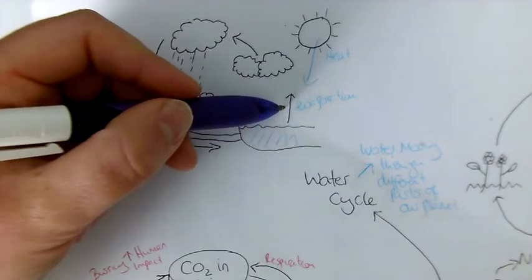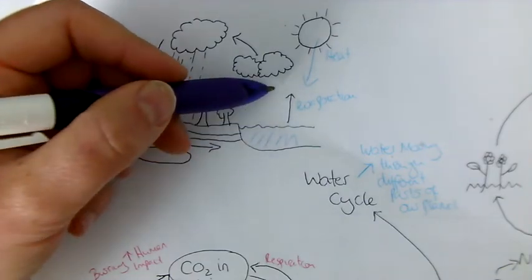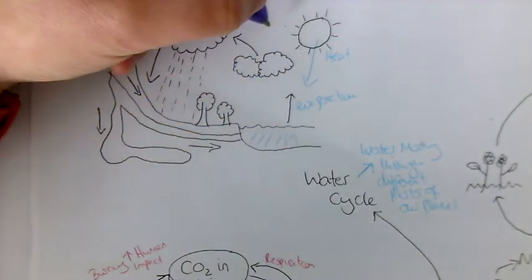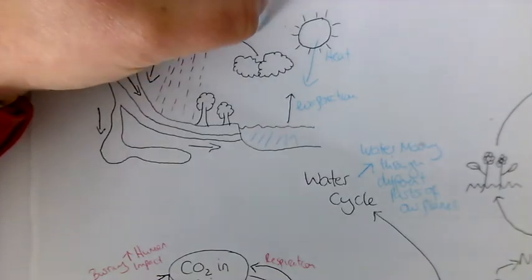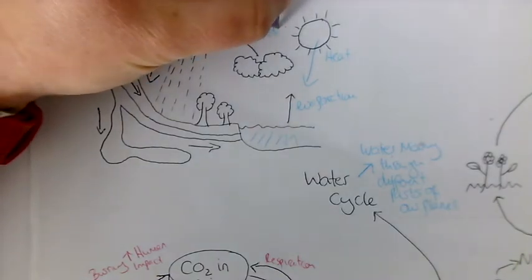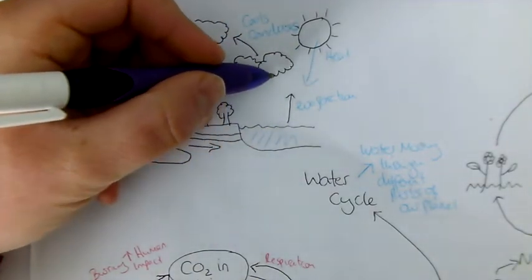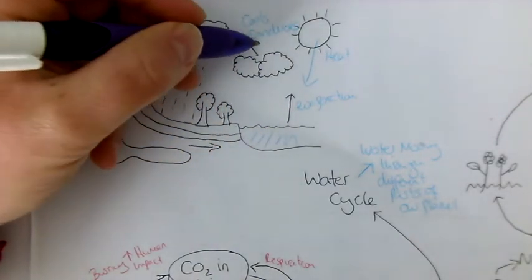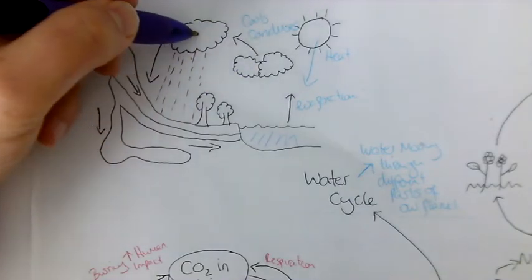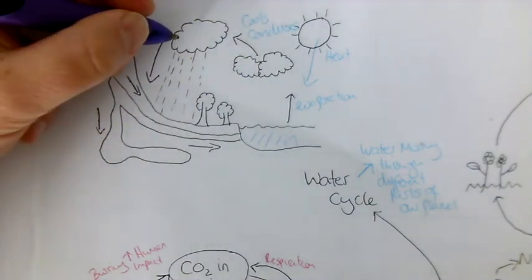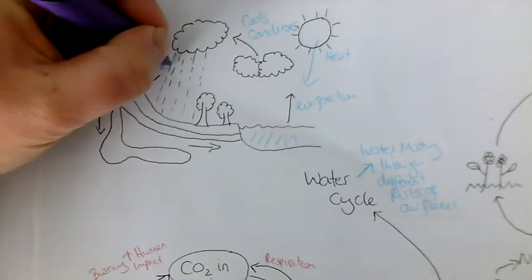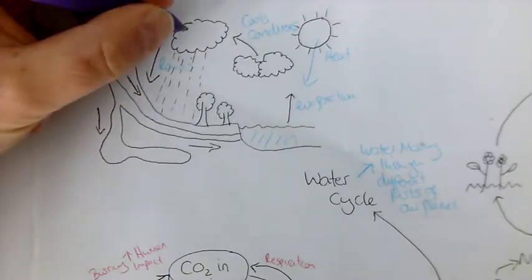That then rises, so the water rises, and as it cools, it condenses, forming clouds. So as our water rises, it cools, and then it condenses. That forms our clouds, which then means it rains or precipitates.